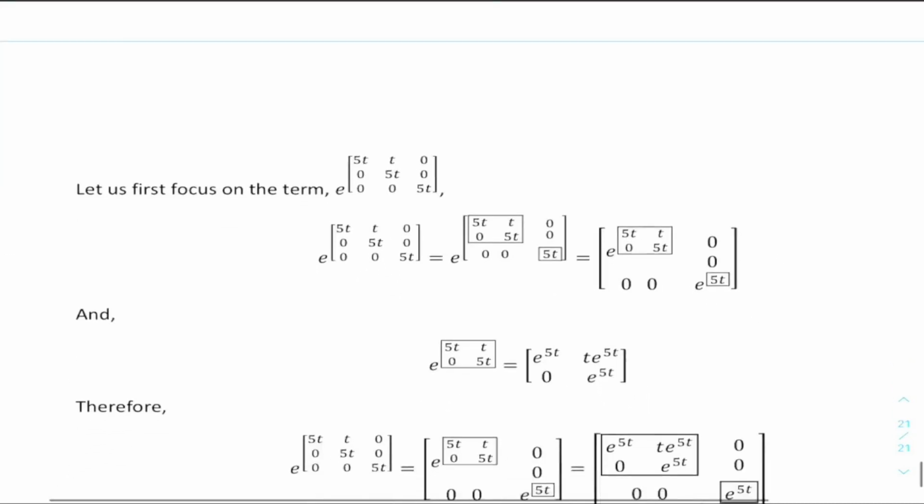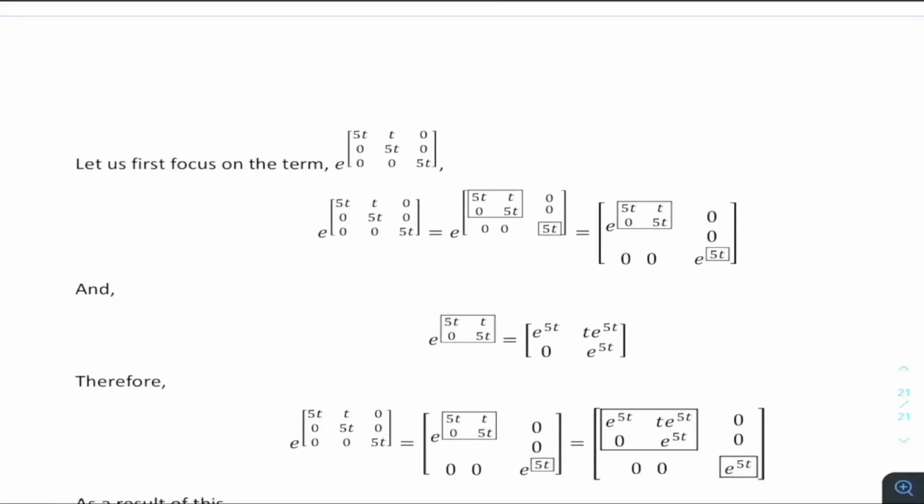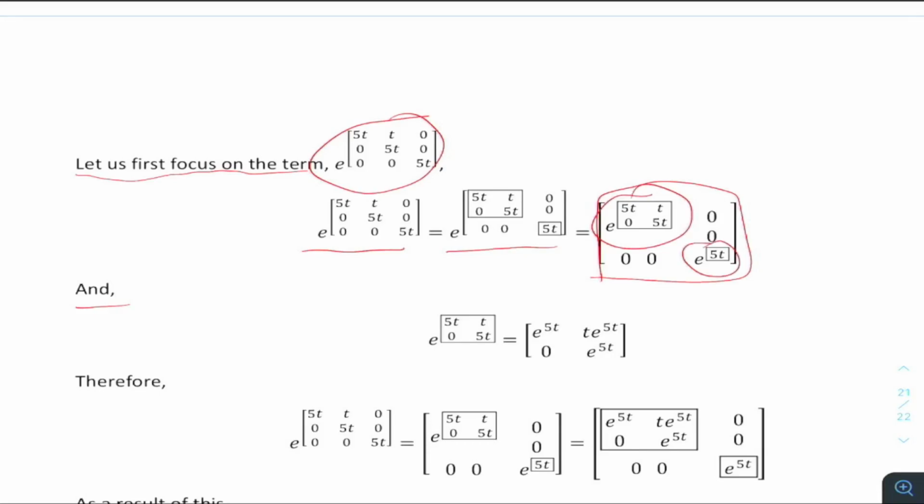And it says, let's first focus on this term, and since this can be written in block diagonal form, we have this. And we can consider the atomic parts of that given matrix. Just focus on this, and by using our formula, we can directly write this.